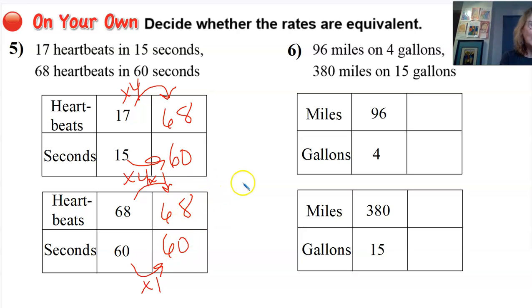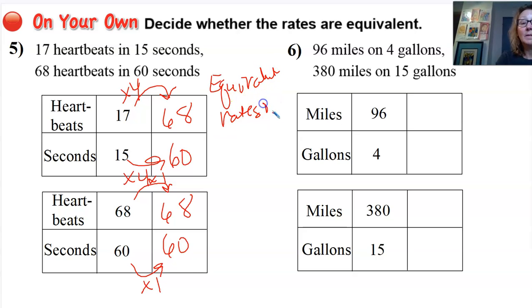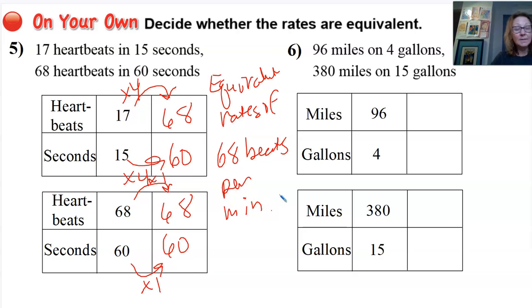So the rates are equivalent because they both have 68 heartbeats in 60 seconds. And then, so let's just say equivalent rates of 68 beats. And I'm just going to go ahead and say that's 60 seconds.